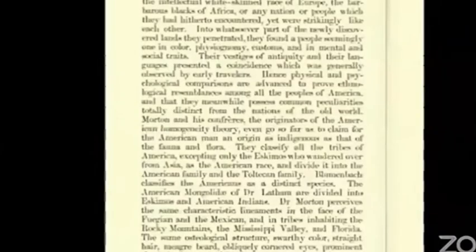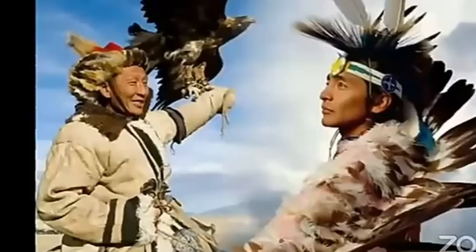They classify all the tribes of America, excepting only the Eskimos who wandered over from Asia, as the American race, divided into the American family and the Toltecan family. Toltecan. So again, I just want to emphasize what they just said: they classify all the tribes of America, excepting only the Eskimos, who wandered over from Asia.